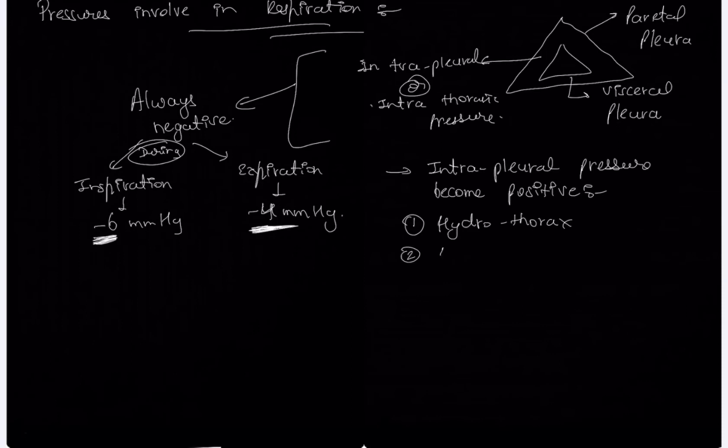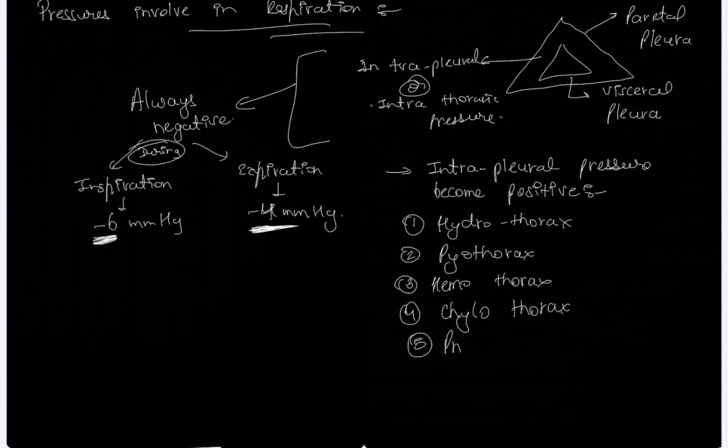Number 2, pyothorax, pyo means pus in the thorax. Number 3, hemothorax, blood in the thoracic cavity. 4th is chylothorax, lymph in your thoracic cavity. And 5th is pneumothorax. Okay, so this is all about the pressures involved.